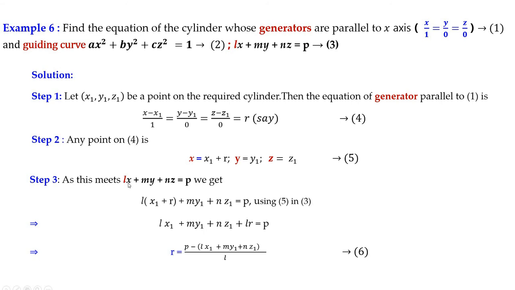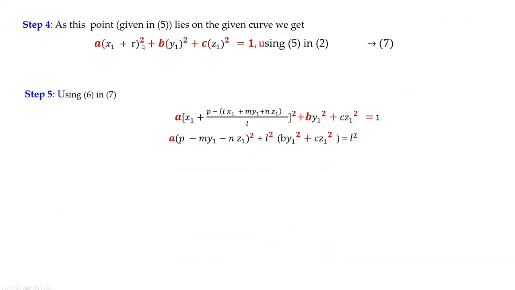So as this point meets Lx plus My plus Nz equals P, just replace x, y, z by this. From that you get your R value, and having got R, again x1 plus R, y1, z1 being a point on 2, they satisfy equation 2.